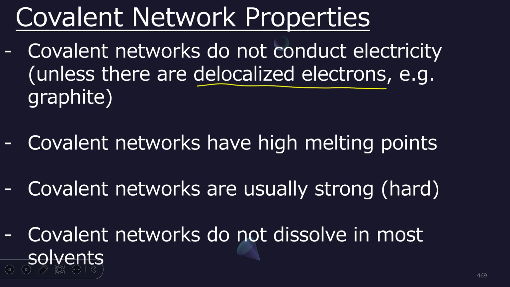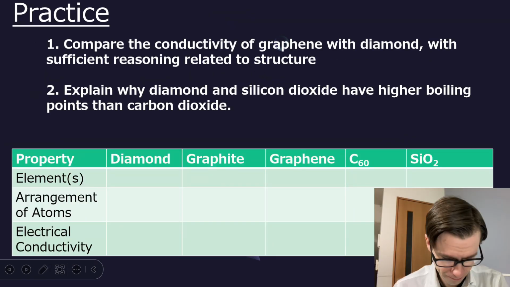We've got covalent bonds between non-metal atoms in these networks. Solvents just can't get in there. They can't break apart those bonds at all, so we cannot dissolve them most of the time. Even graphite or amorphous carbon.